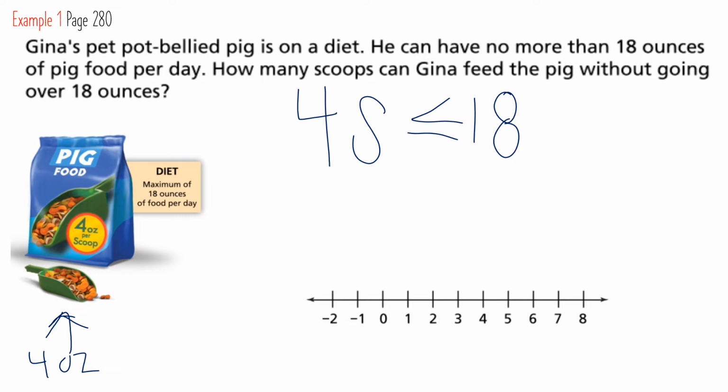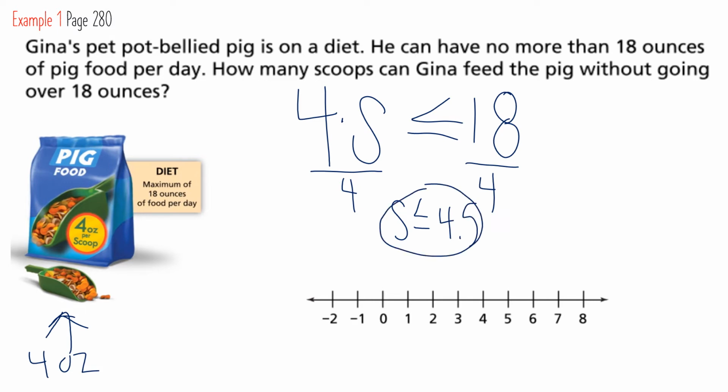Just like we solve equations and what we learned the week before spring break, we're still undoing the operation. So 4s is less than or equal to 18. That's 4 times s. To undo that, I'm going to divide. I'm left with s is less than or equal to 4.5, because 18 divided by 4 is 4.5.